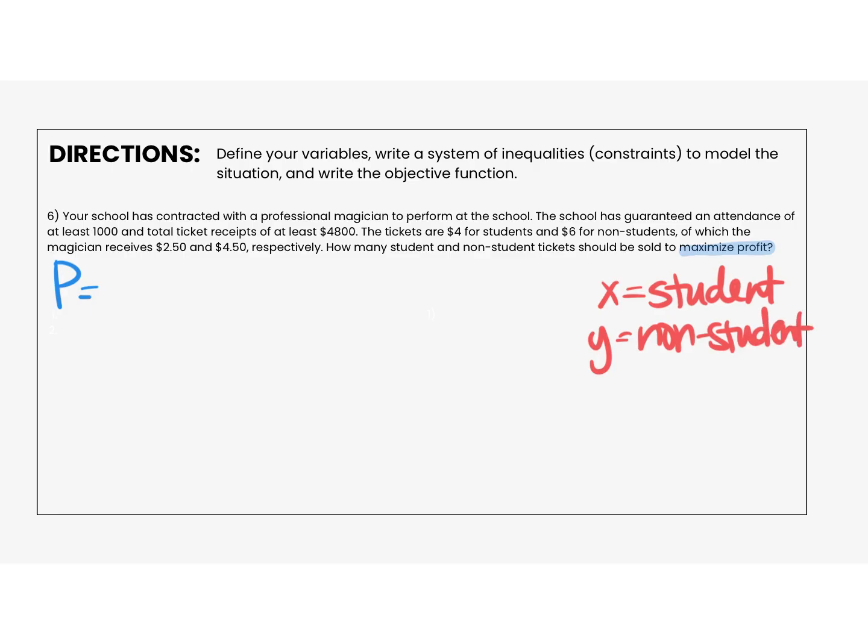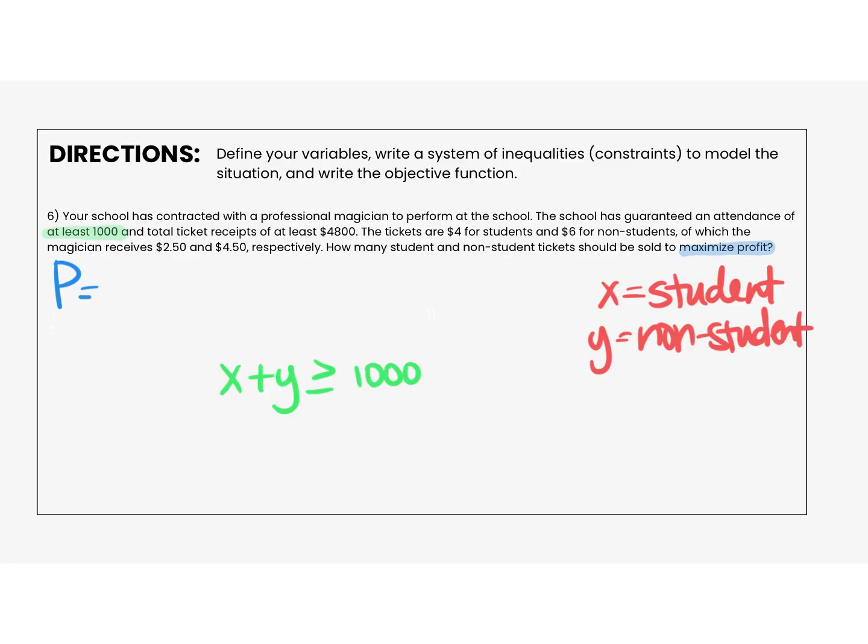Now we can write our constraints. The school has guaranteed an attendance of at least 1,000. So that means students plus non-students has to be at minimum, greater than or equal to 1,000, right? Because they've guaranteed at least 1,000.